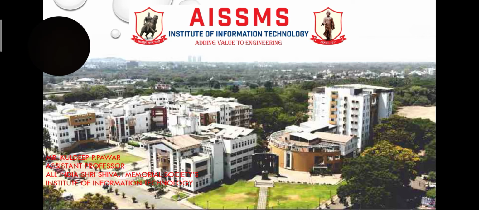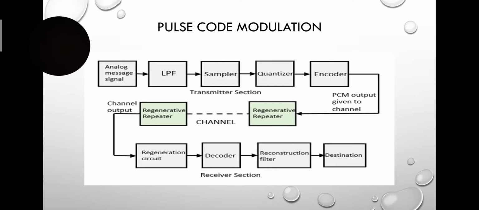Modulation is the process of varying one or more parameters of a carrier signal in accordance with the instantaneous values of the message signal. The message signal is the signal which is being transmitted for communication, and the carrier signal is a high frequency signal which has no data but is used for long distance transmission.